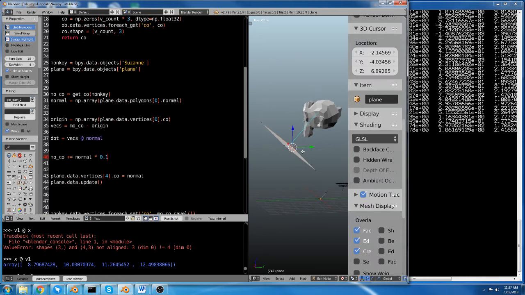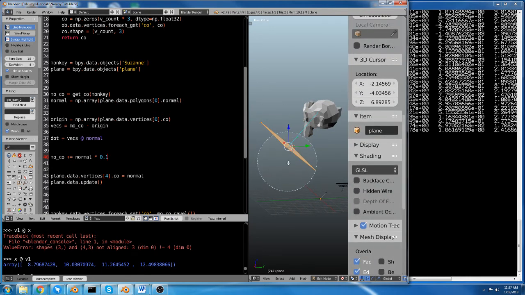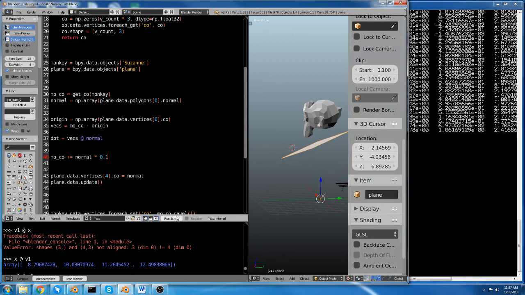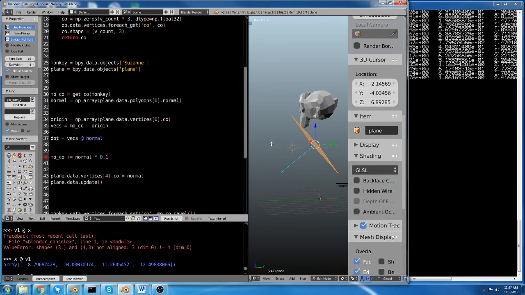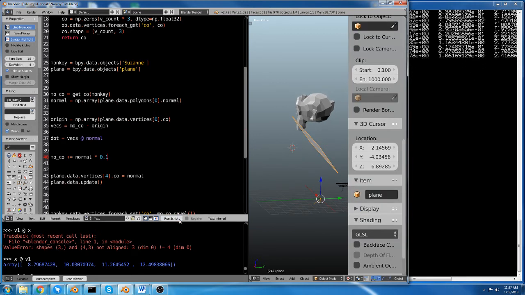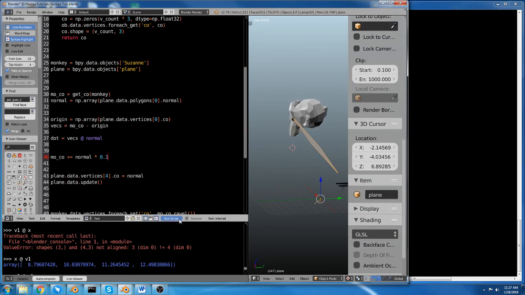And if we point this plane a different direction, she's going to move in that direction now. So she's moving whatever direction this normal is pointed, because we're simply adding that normal multiplied by some small fraction of itself to the location of Suzanne's coordinates.